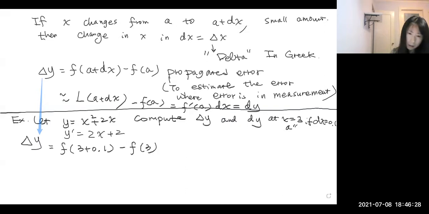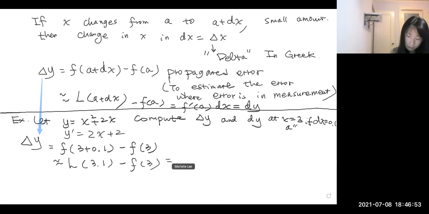And this is the approximate. This is the last one, yes. So let me use the space. Then 3 plus 0.1, which is 3.1, minus f of a. Then what do you get?